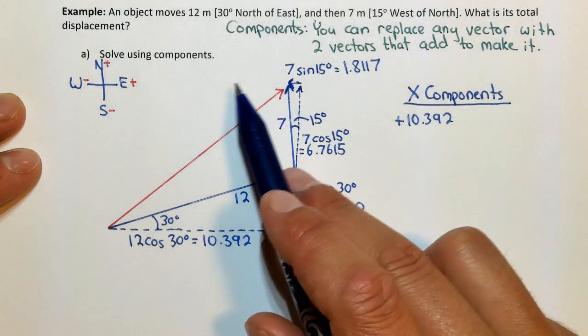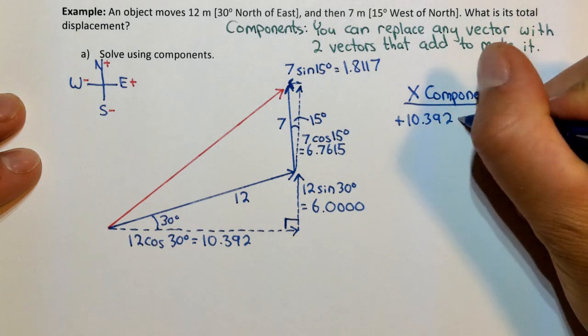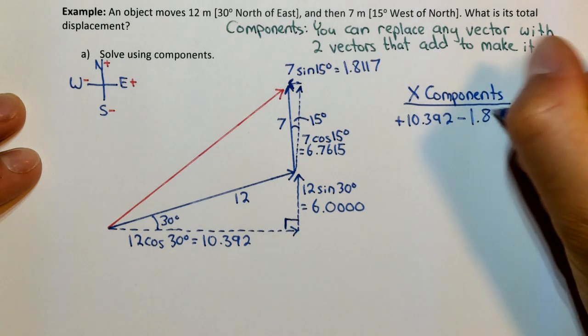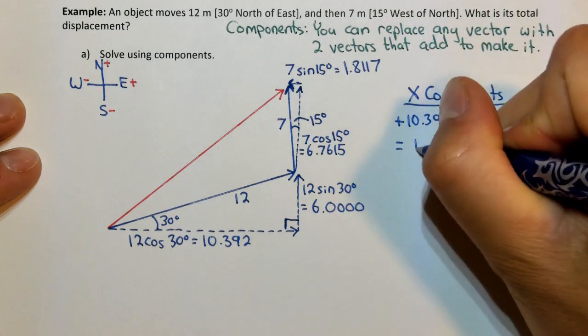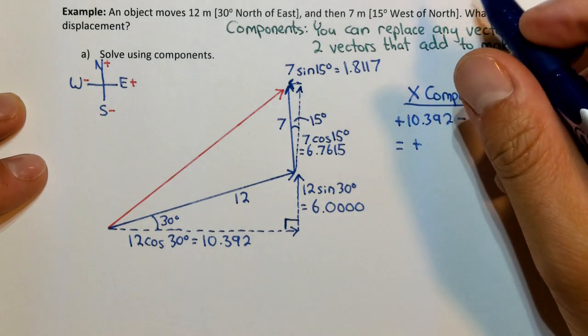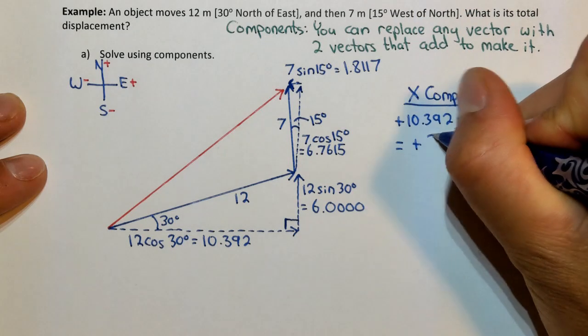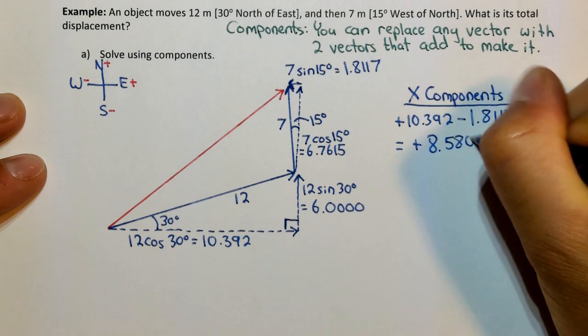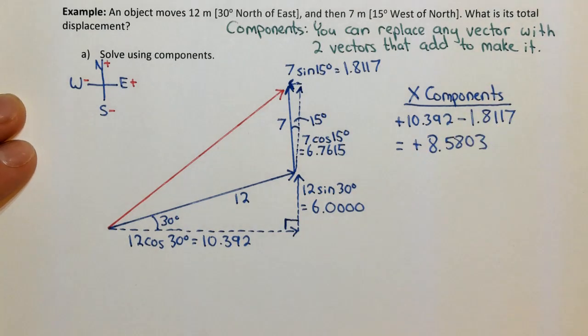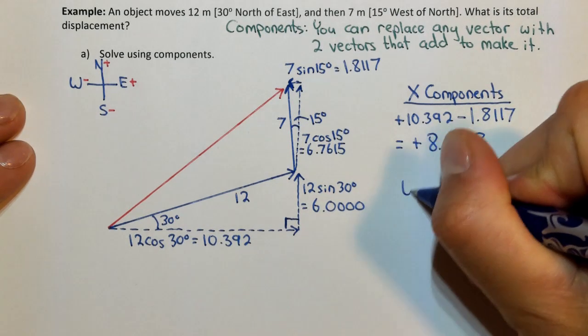It's going west, so I'm going to use a negative for that. And that gives me the resultant of the x components is positive 8.5803. Now we can look at the y components.